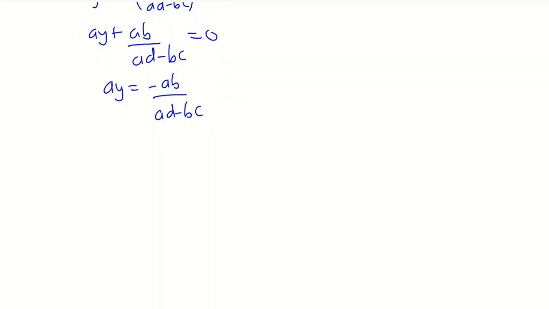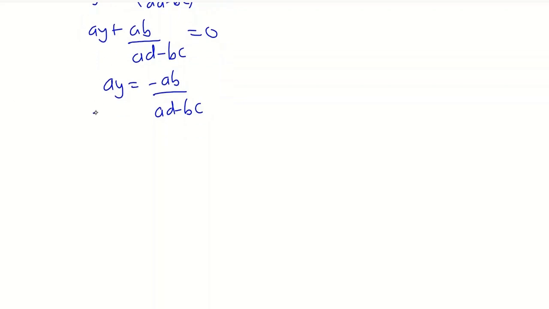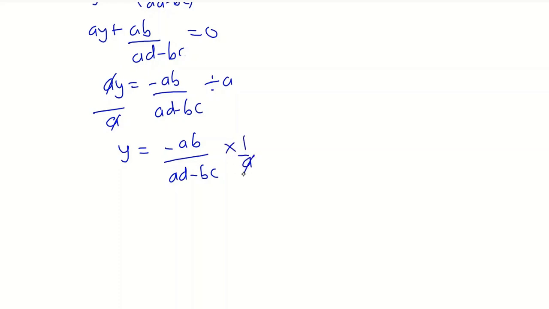So in finding Y, we can divide here by A and also divide here by A, and we know that A will cancel this A, and we have our Y now to be equal to minus AB divided by AD minus BC, times the reciprocal, which is 1 out of A. You can see A will cancel this A, and we have Y now to be equal to minus B divided by AD minus BC.